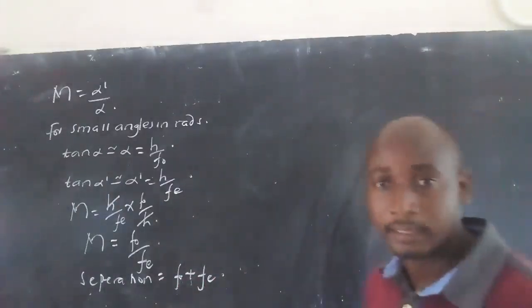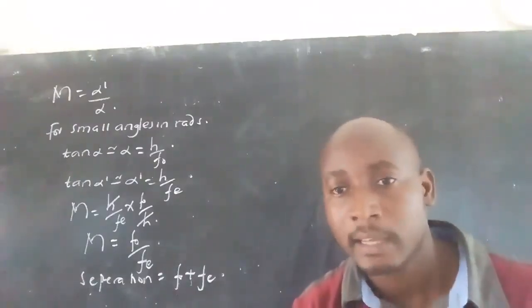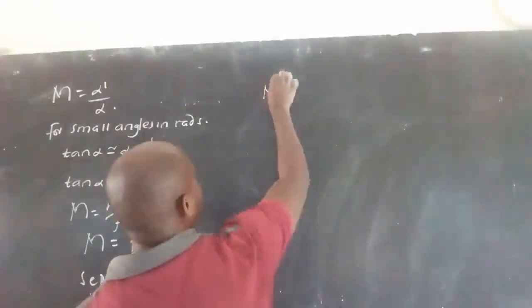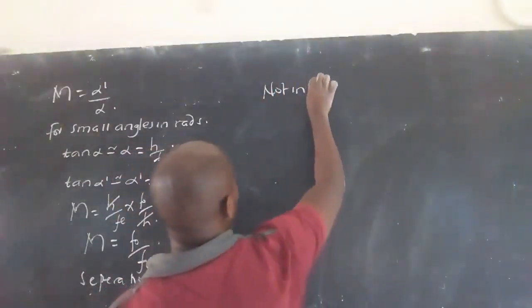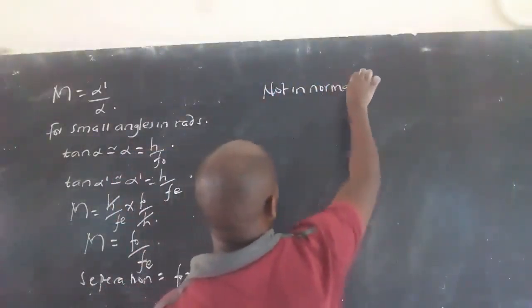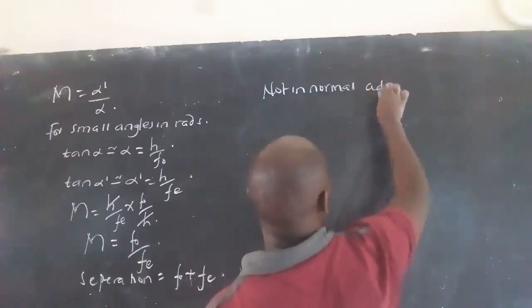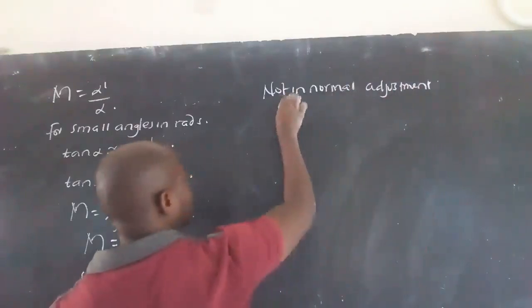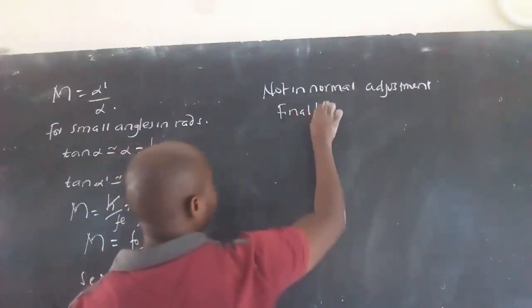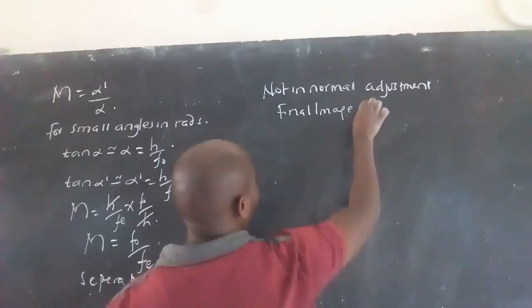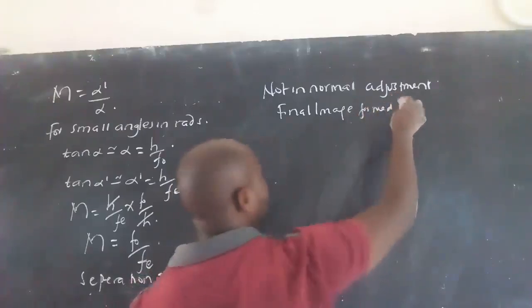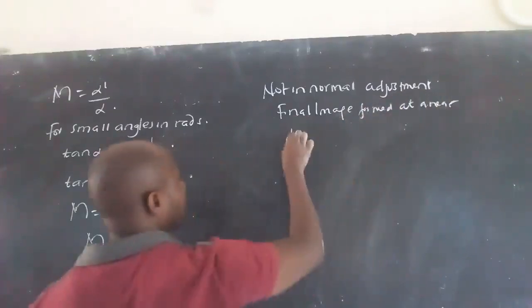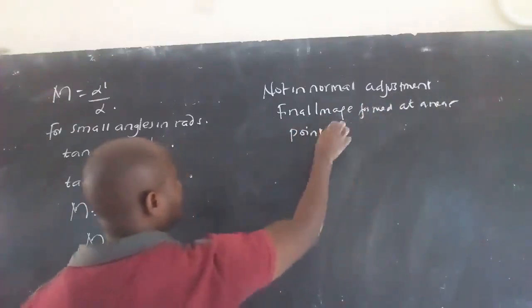Is that okay? Then we will also look at when not in normal adjustment. Find the image formed at a near point.